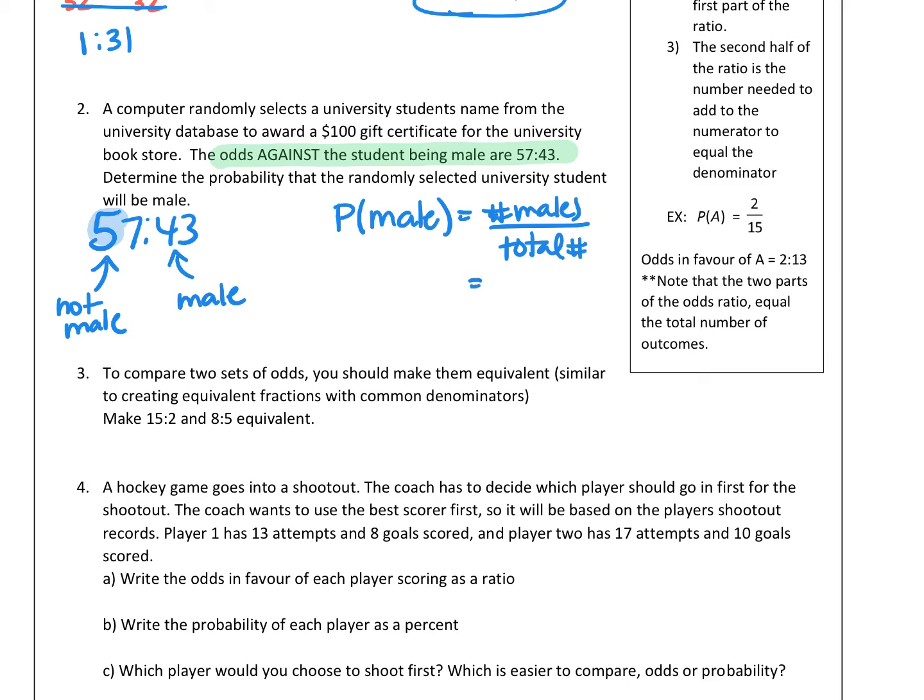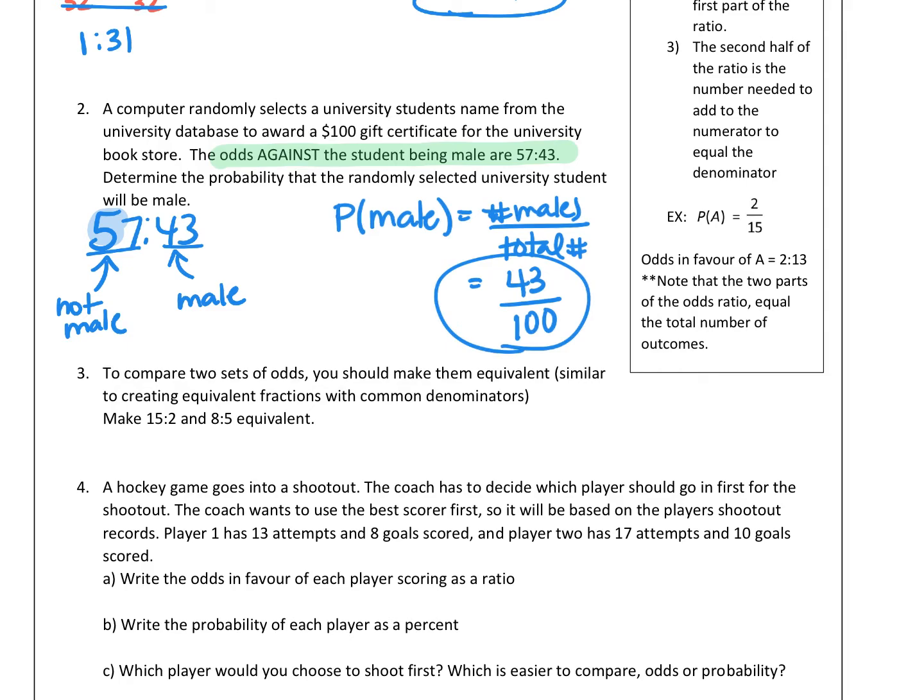The number of males from my odds statement is 43, and the total number, well, you're either going to be male or not male, so it's 57 plus 43, which adds up to 100. So there's a total of 100 people, and 43 out of 100 is my probability that you will be male.